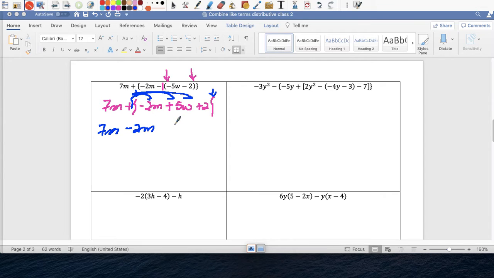Positive 1 times positive 5w is just positive 5w, and positive 1 times positive 2 is just 2. Can I combine any like terms? Right, these two I can combine. 7m minus 2m is just 5m plus 5w plus 2.